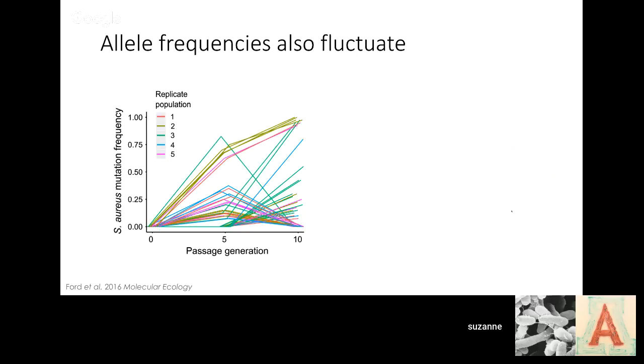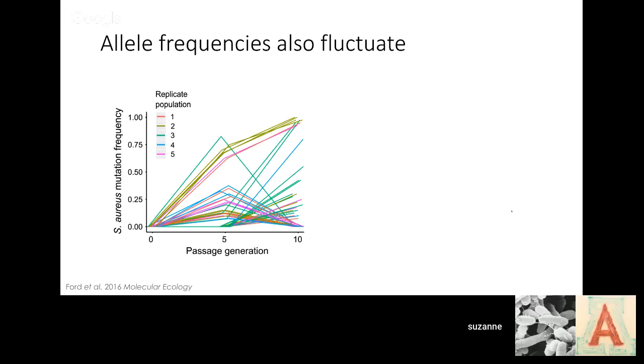So you can see that for the pathogen, this is the mutation frequency in each replicate population from the ancestral population to generation 5 and generation 10. You can see here that the mutations that arose and spread to medium to high frequency at generation 5, a lot of these actually disappear by generation 10 and are replaced by other mutations.